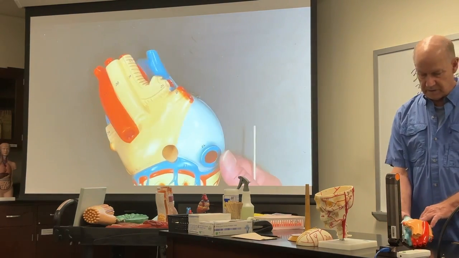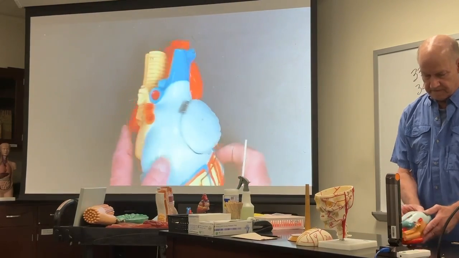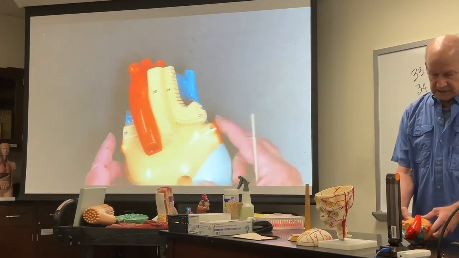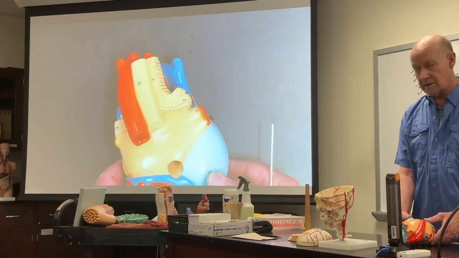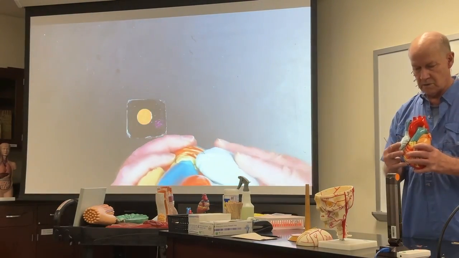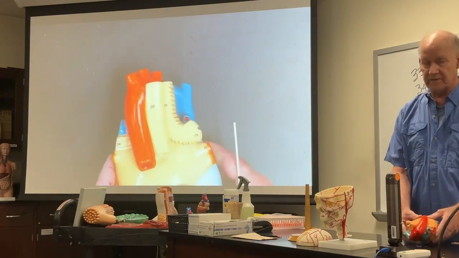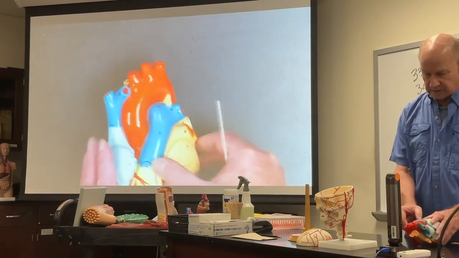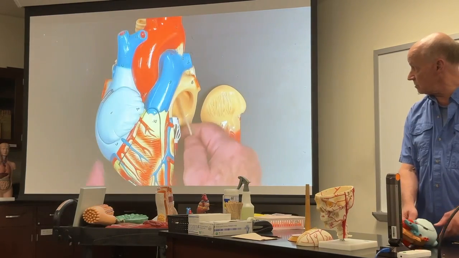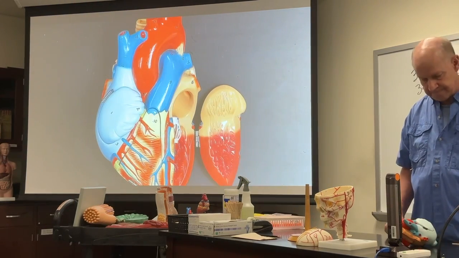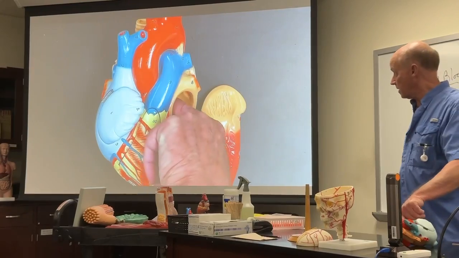The inferior is down here. Here you see coming back from the lungs the right and left pulmonary veins that will drain blood into the left ventricle. Atrium, excuse me. Left atrium, okay?